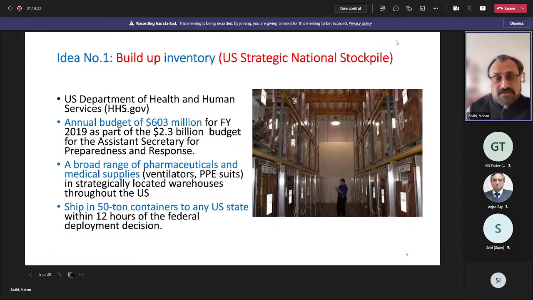These are not publicly disclosed locations for obvious reasons, but they are in strategic locations around the country. And in case there is a national level public health emergency, the goods can be shipped by truck to any city within 12 hours. So that's the idea of having just inventory.